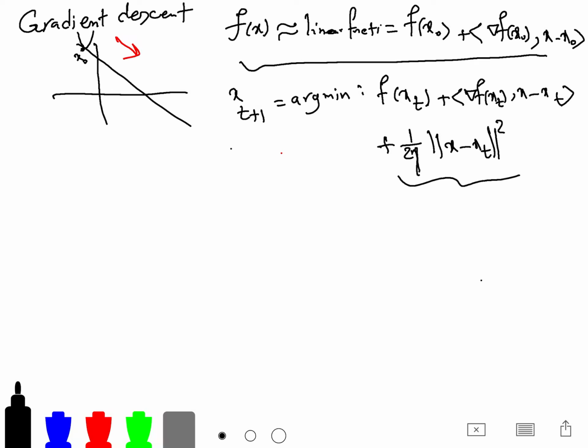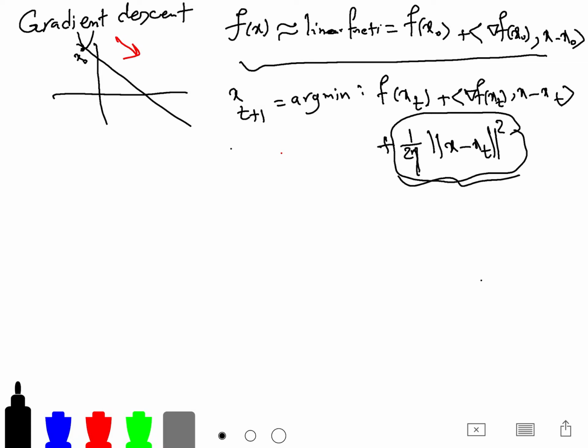We use this quadratic term to penalize because you don't want to go too far from xt. That's why we add this extra quadratic term.